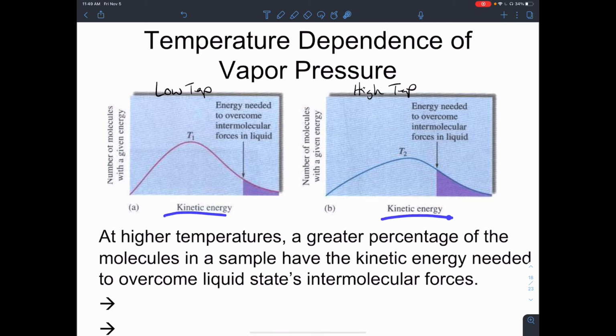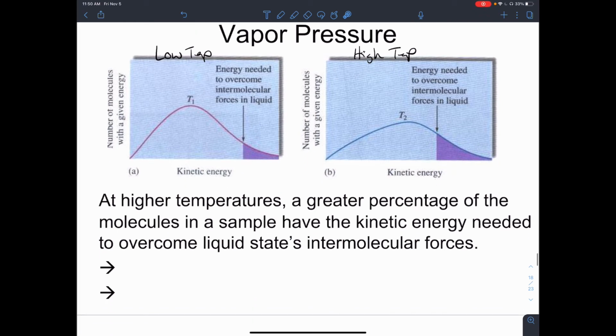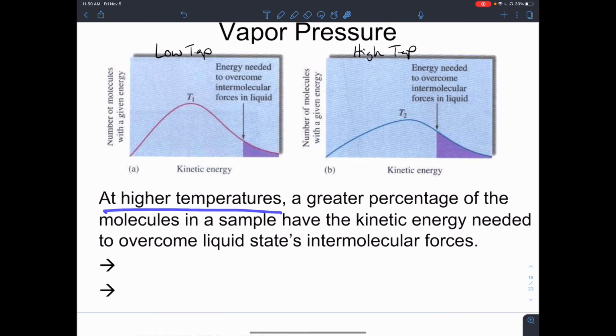And then on the y-axis, we have number of molecules with that energy. More particles can be separated at a high temperature than at a low temperature. That's what it says here. At higher temperatures, a greater percentage of the molecules in the sample have the kinetic energy needed to overcome the liquid state's intermolecular forces. More molecules become a gas.